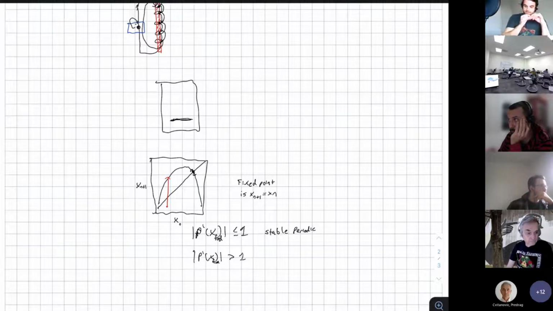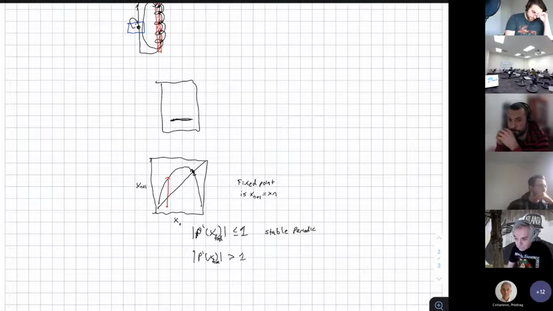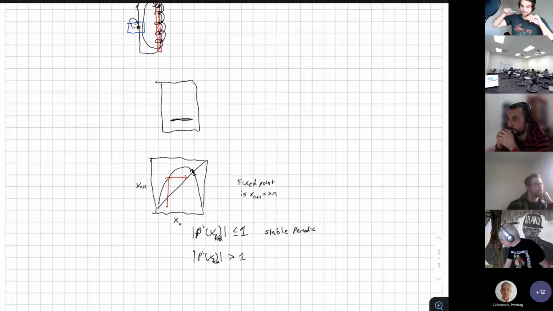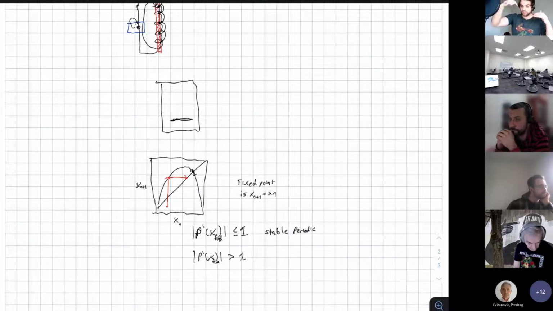And then if I want to understand the next starting point, I can use this and map back over, right? So by going to this line where x n plus 1 equals x n, I'm effectively setting up a new starting point. Okay? And then I do it again. I go over and I do it again.